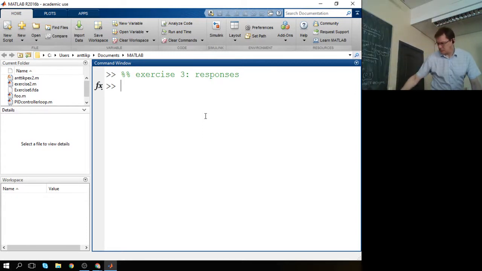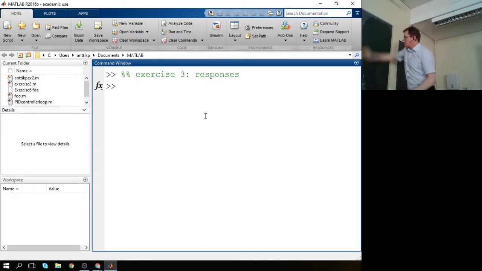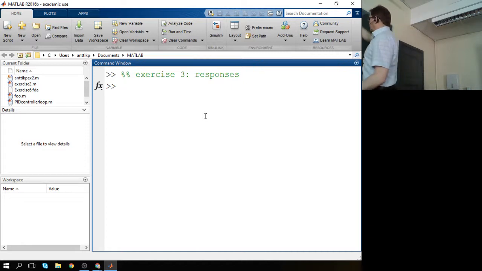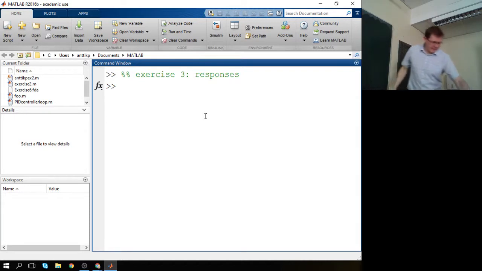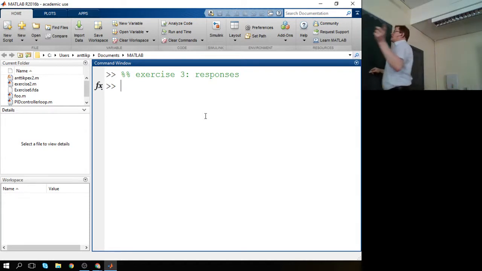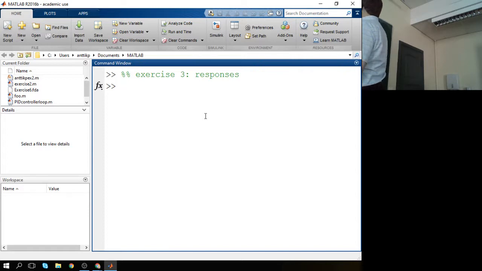First, let me create my system from the zero-pole plot. If I remember correctly, I had a zero here, another here at an angle of 5 pi over 9. Then I had these 3 poles.